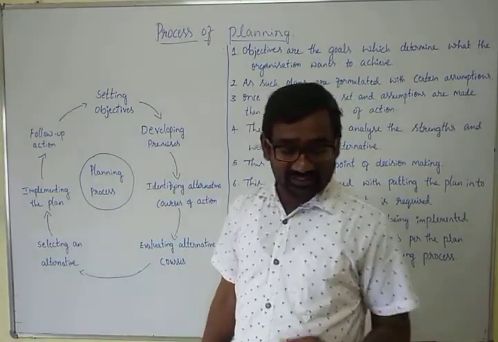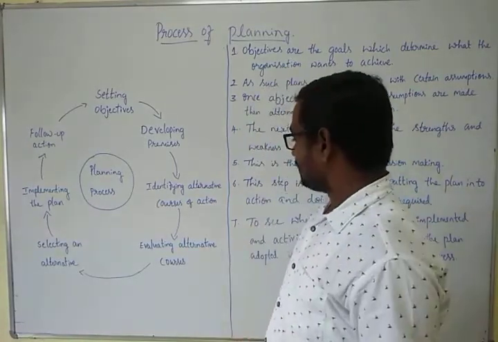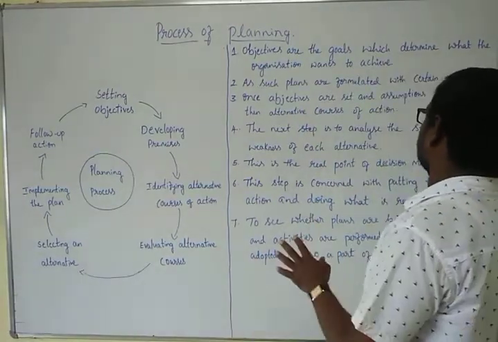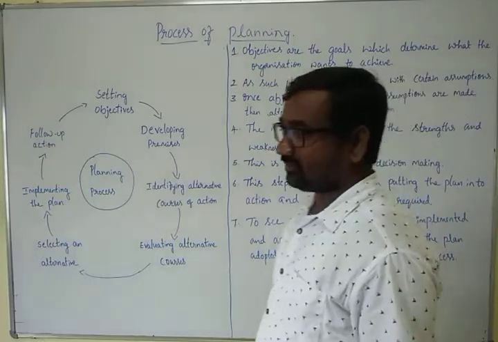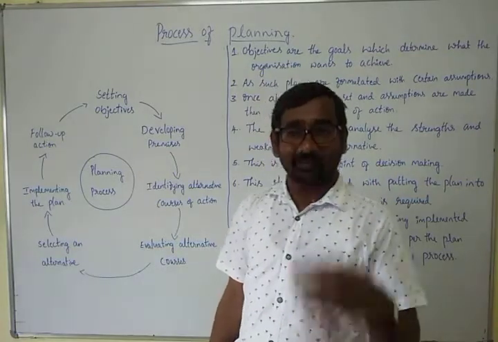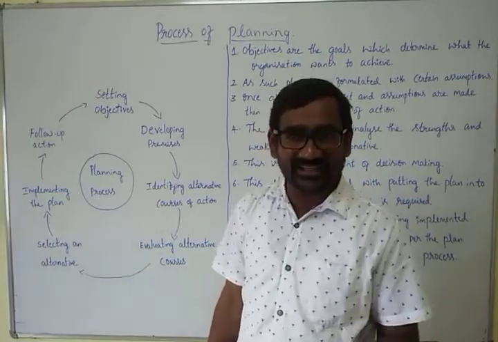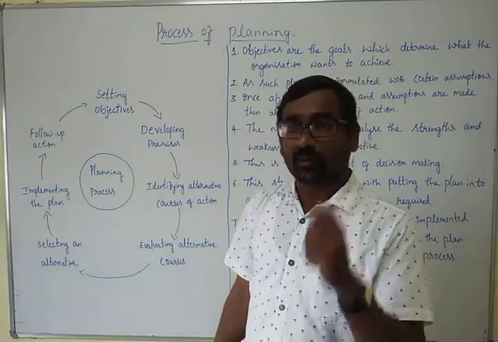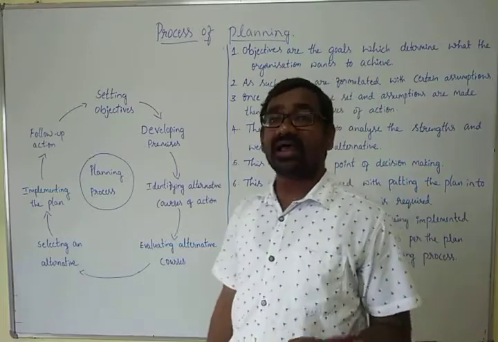Once objectives are set and assumptions are made, then we analyze what alternative courses of action are available relating to our business activities. Being a manager and entrepreneur, we choose which is suitable for our process. So this is the step, identifying alternative courses of action.